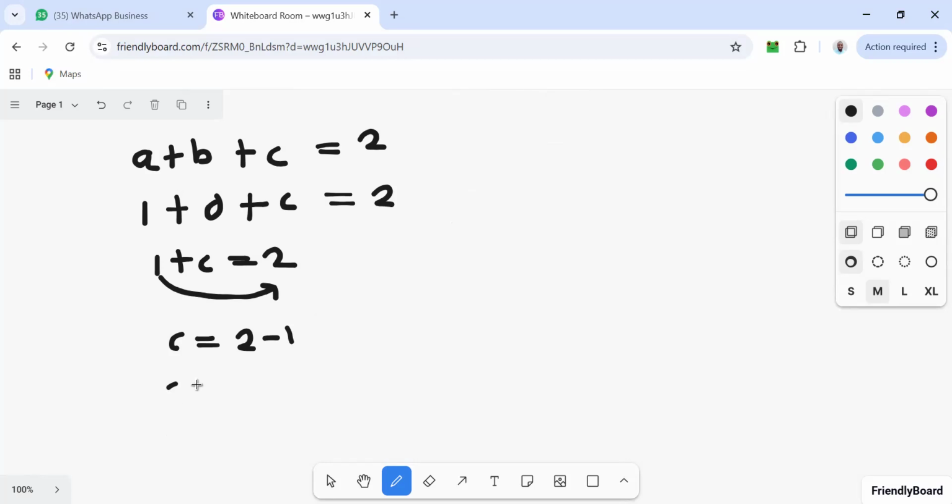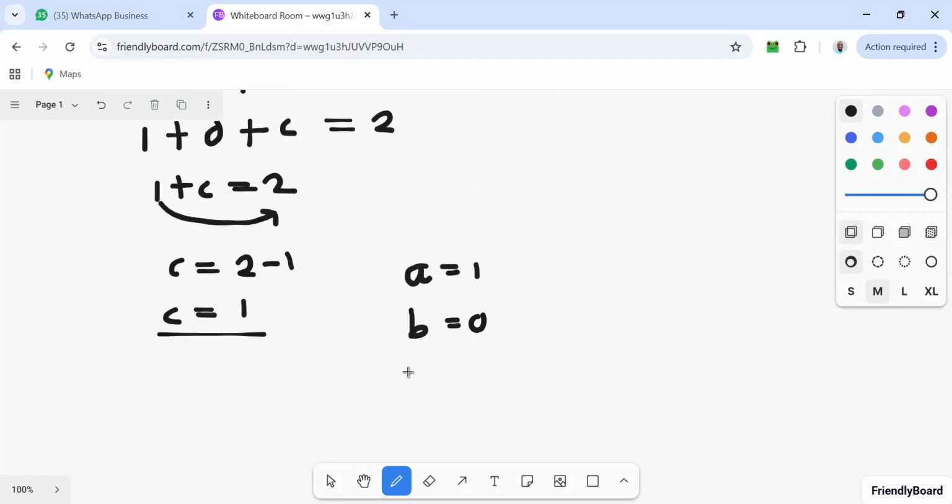Therefore, C is equal to 1. So I have my A, which is equal to 1. I have my B, which is equal to 0. I have my C, which is equal to 1.